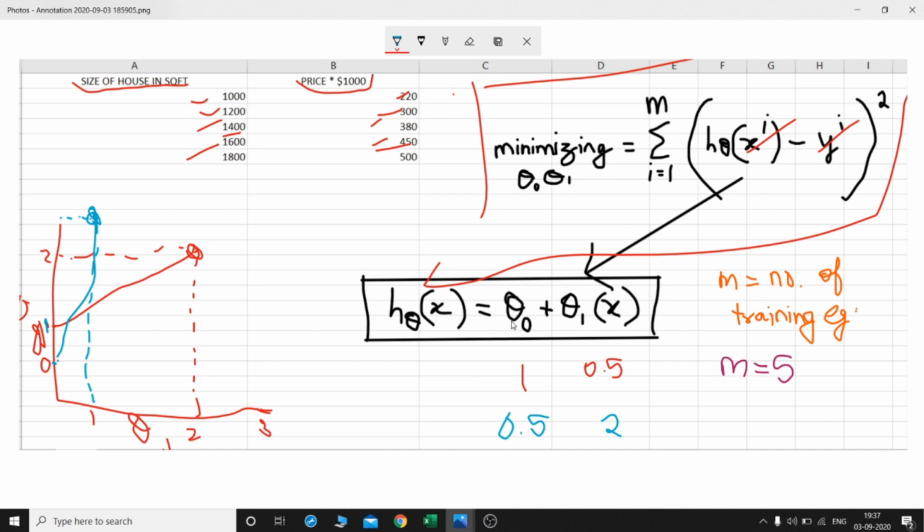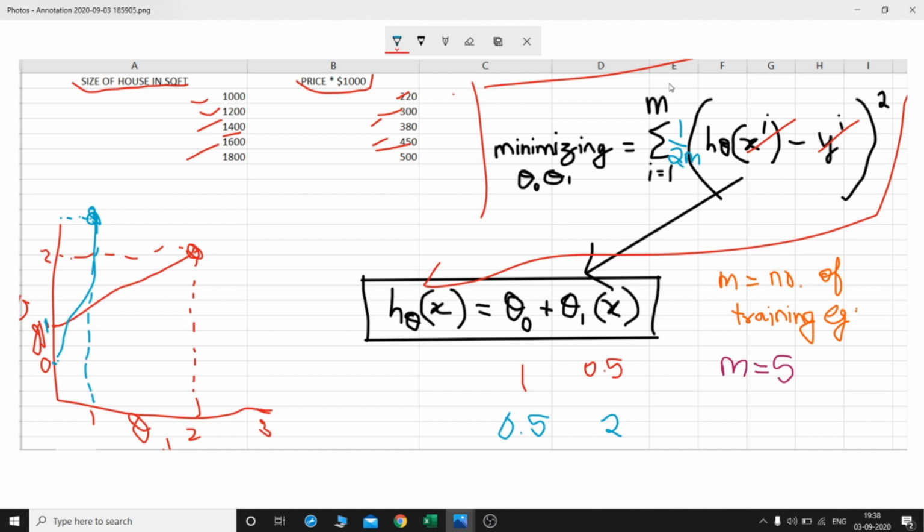So let's assume that you have found these functions, this hypothesis, and you will be using something called a minimizing function, which is basically a summation of, sorry, I messed up. Yeah, this will be multiplied by 1 by 2m.